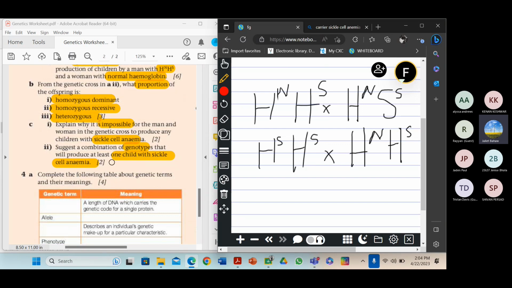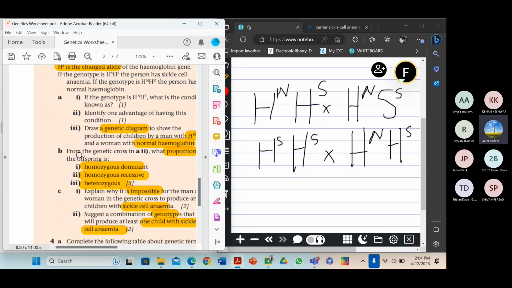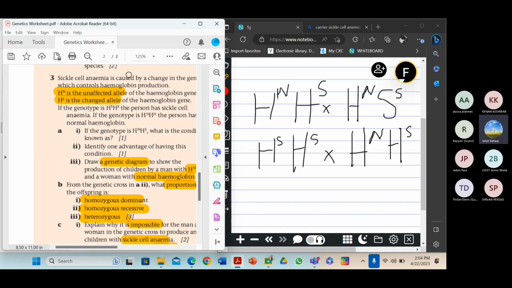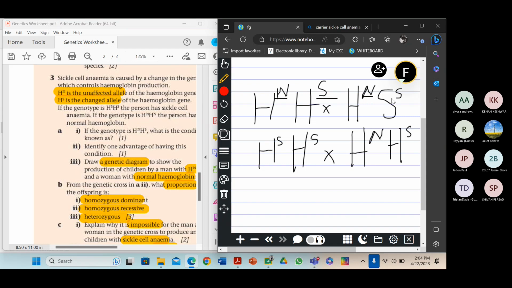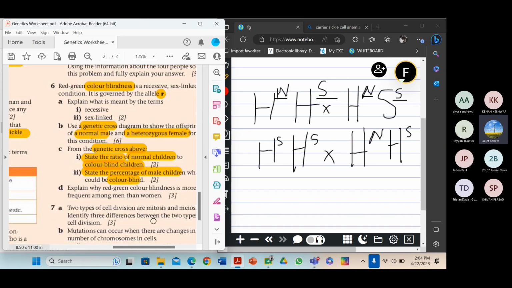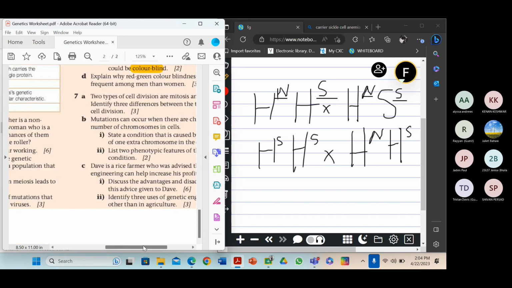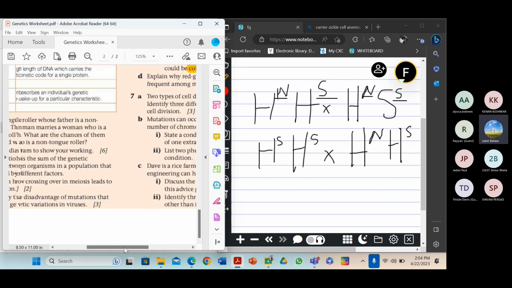Okay, so this is what they call codominance. Sickle cell anemia is a codominant case where both alleles are dominant. Right? So you're only using capital letters. Blood group is codominant as well. And the two sex-linked diseases that they will bring will be color blindness and hemophilia. Okay, so be mindful of those questions.